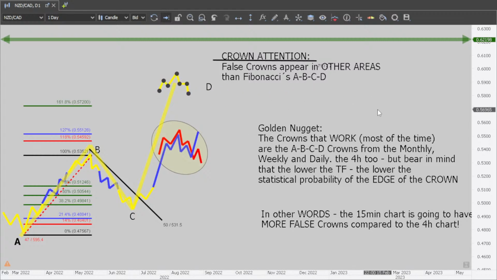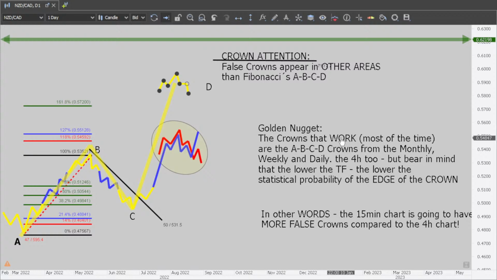Take a screenshot. False crowns appear in areas other than A, B, C, D. Okay, so this would be the example. Crown reversal appeared at 118, 127. Okay, so this is not A, B, C, and it's not the D.